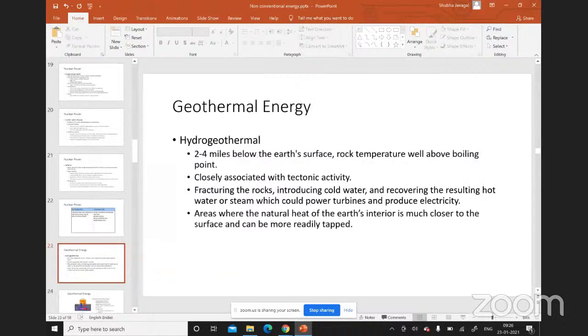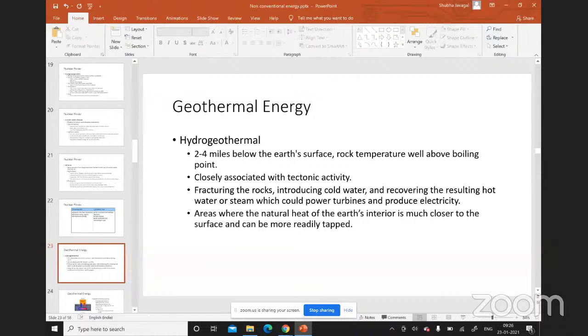Right. So the next kind of energy that we'll be discussing today is geothermal energy. We all know that the center of the earth is very hot, and there are also water resources in the deeper parts of the earth.